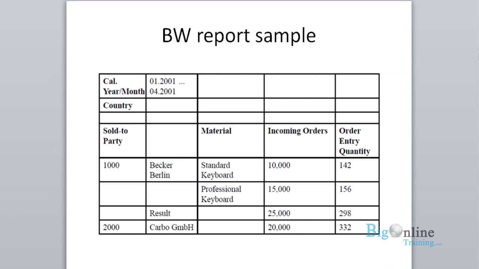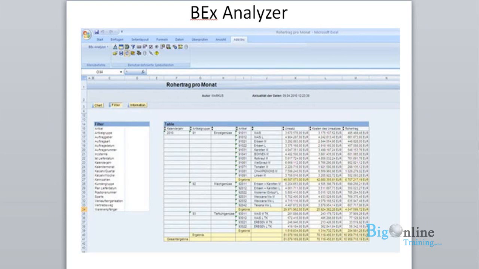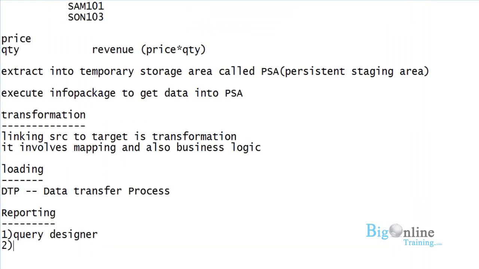Once that is ready, you have the Bex analyzer. Using this, you can view the report output. This analyzer is nothing but a reporting tool. It's just like an Excel sheet. Once you click that, an Excel sheet opens.